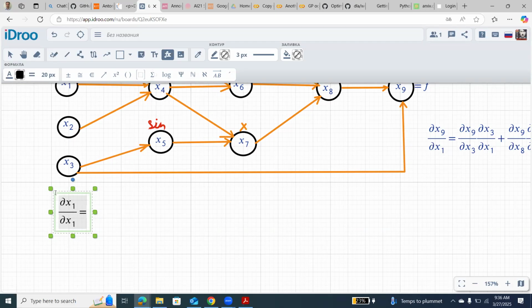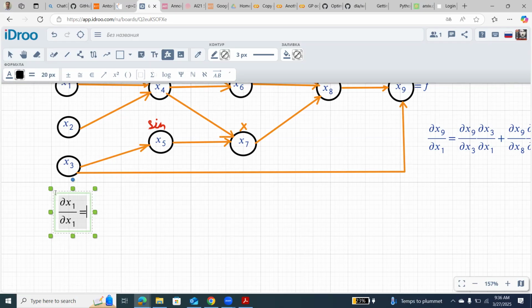So to calculate the derivative of our f with respect to x1, from this formula, we can see that it uses the derivatives with respect to x1 from previous nodes, from inputs x2 and x3. So that's why we first will calculate the derivatives of the previous nodes with respect to x1, and then we will get the final derivative.